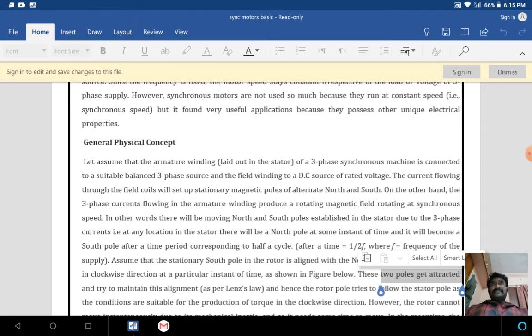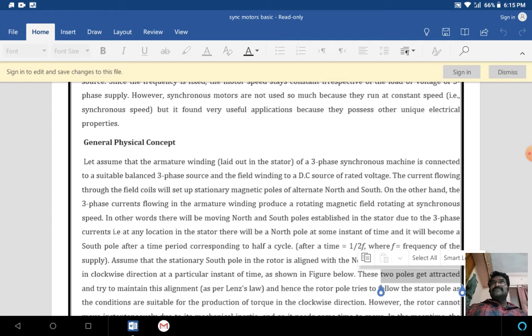In that case we have to apply some other external source, called a pony motor. If you use the pony motor, the synchronous machine will start to rotate because the stator's speed and rotor speed will differ, the magnetic field will differ, and then the motor starts to rotate.